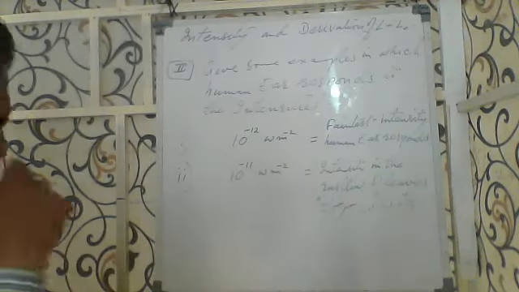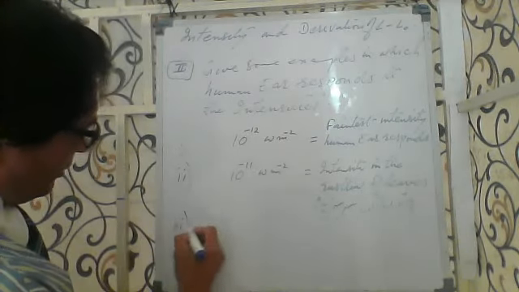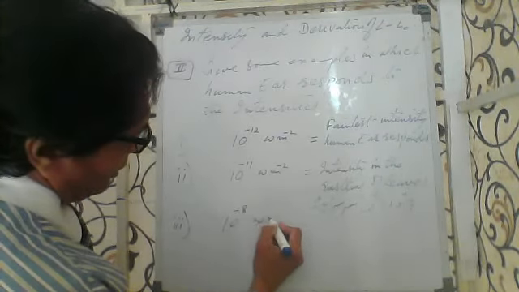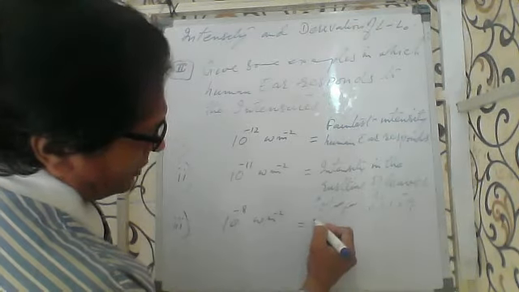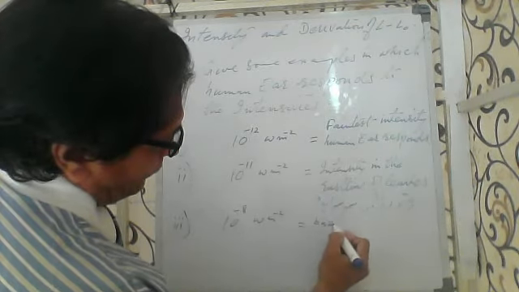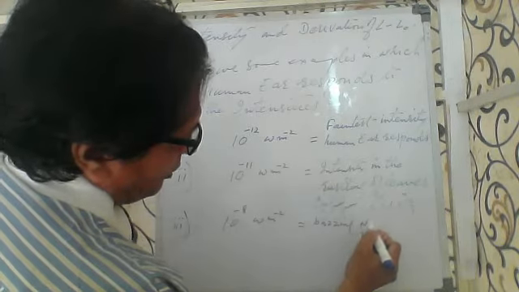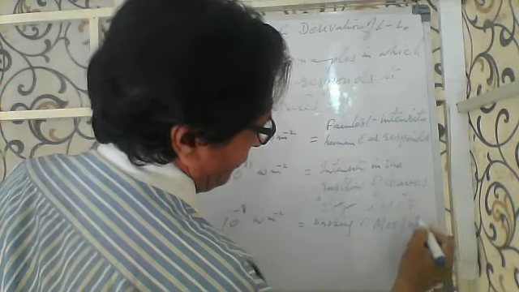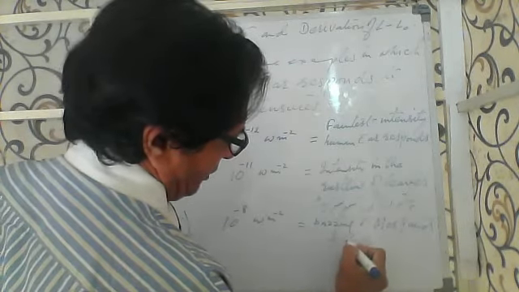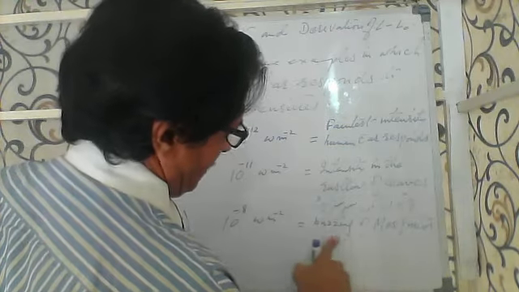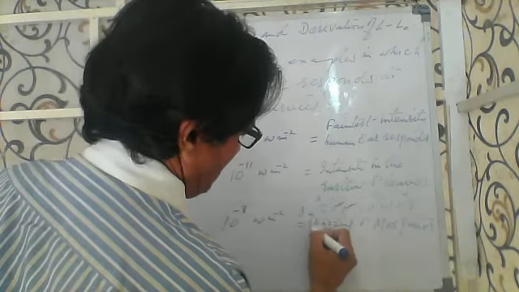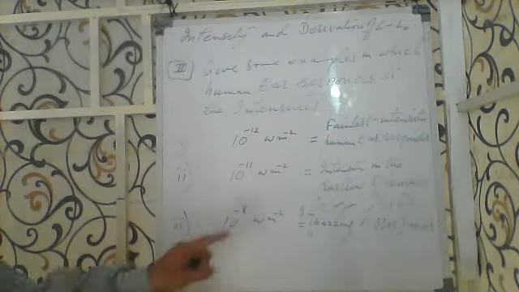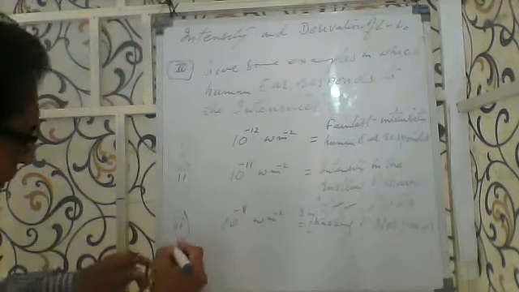Next we come towards 10 raised to power minus 8 watt per meter square. It is the buzzing of mosquitoes. Intensity in buzzing of mosquitoes is 10 raised to power minus 8 watt per meter square.